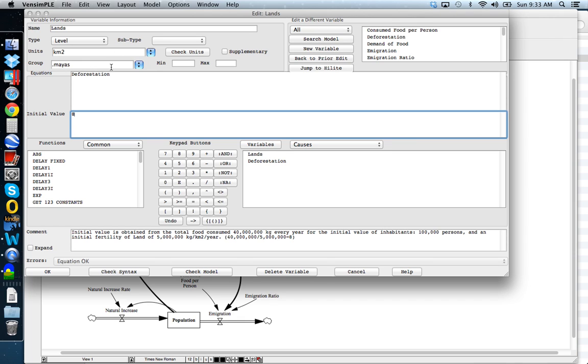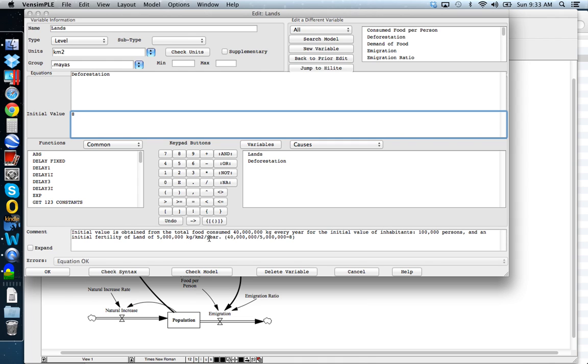Okay, so it's produced by deforestation, and it's got an initial value of 8 square kilometers. This initial value is obtained from the total food consumed. If you look at the 100,000 people initially, times the 400 kilos, you get 40 million kilograms each year, and the initial fertility of the land, which we'll see in a second, was 5 million.